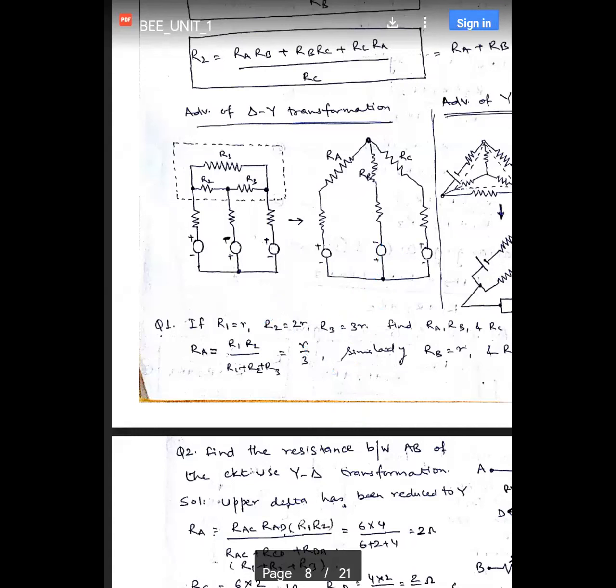So here also, when we have converted this ABC delta into star, what we are getting is the same thing, but the representation may be different from what you have seen earlier.